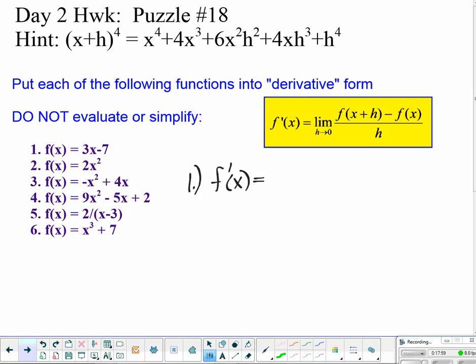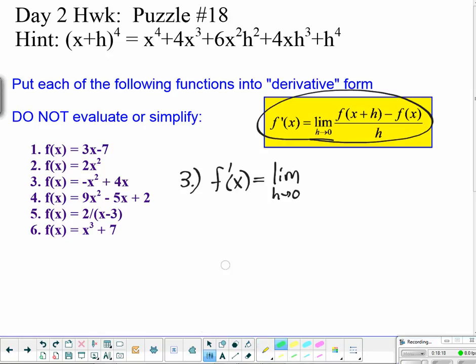So, you know what? Let's take number 3. It looks a little more difficult than number 1. All I need to do is apply the derivative definition. So f prime of x equals the limit as h goes to 0 of f of x plus h. So everywhere I see an x, I'm replacing it with x plus h.